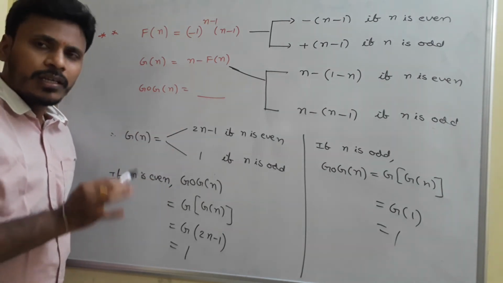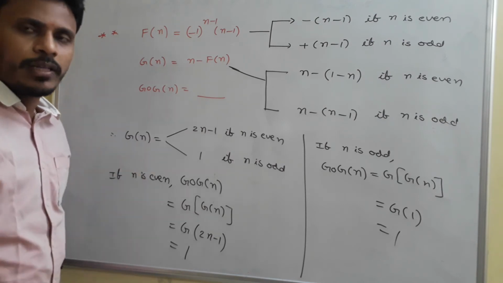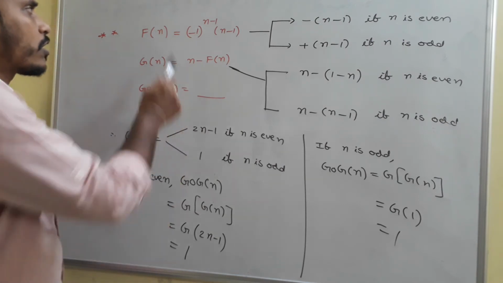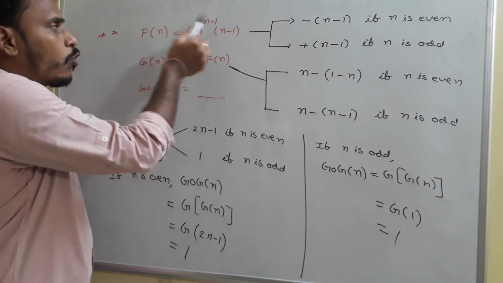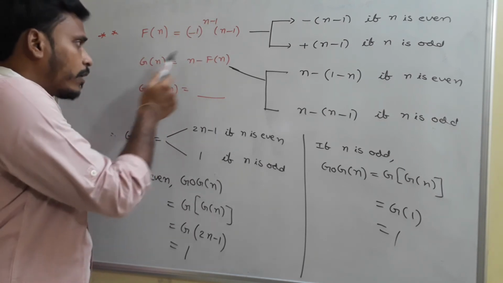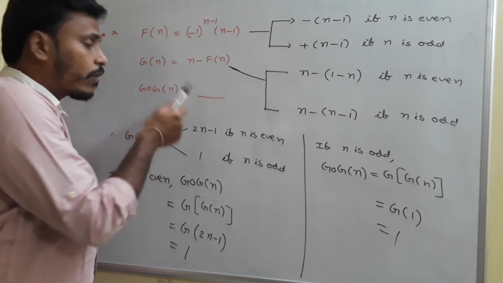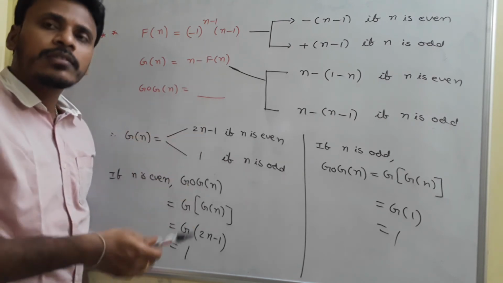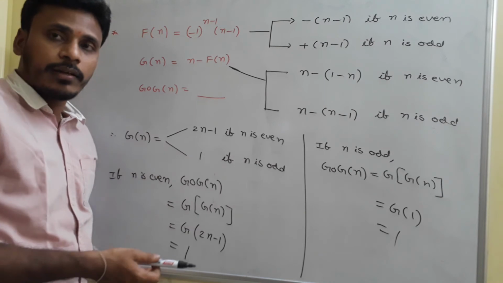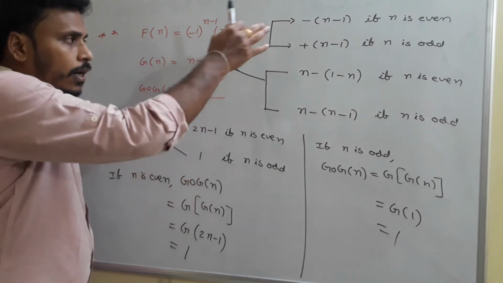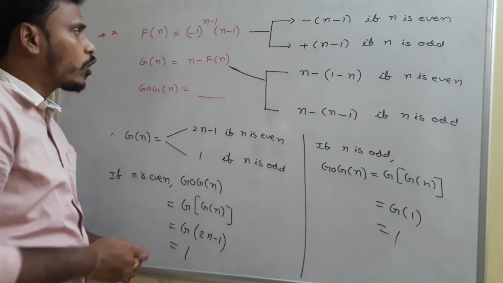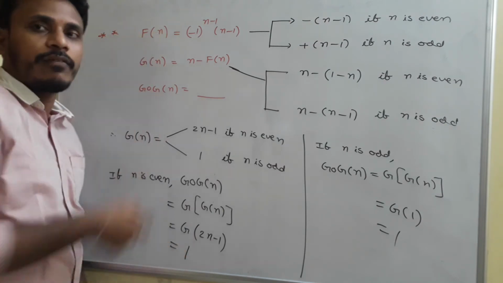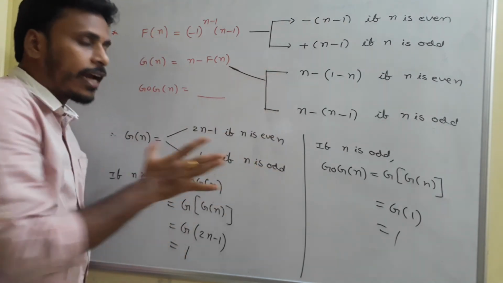In another way, you just give different values, no problem. You just put 7 in the place of n here. 7. So what is this value? Again 7. What is this value? Again 7. What is this value? You will get 1. Some other time you can take 11 or 10. Without replacing n with different values, this is the exact procedure.